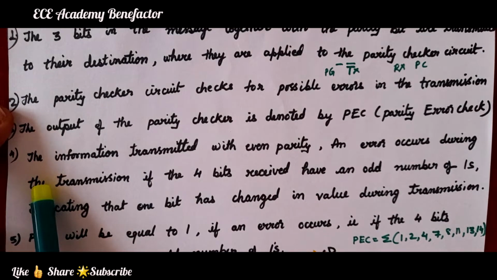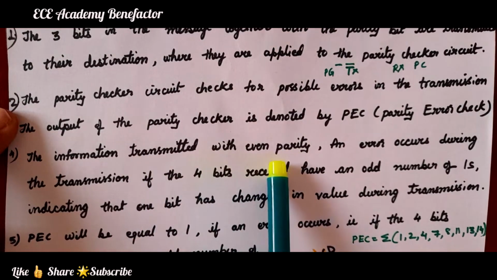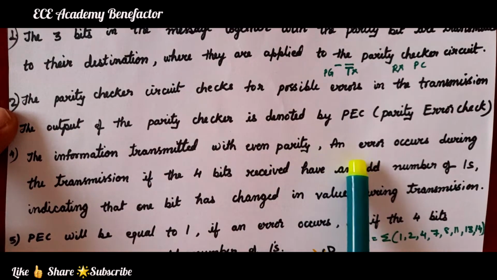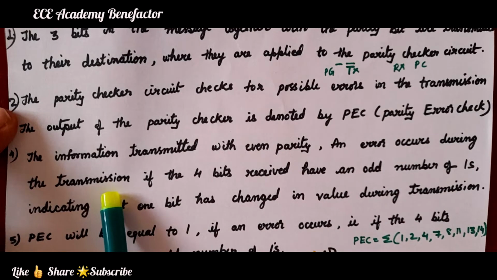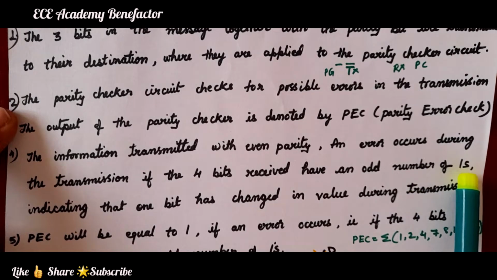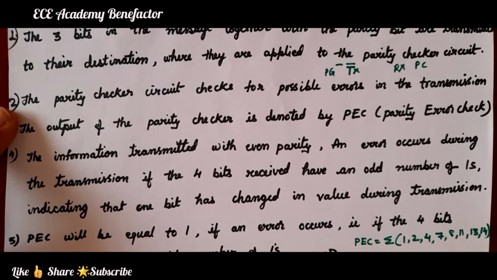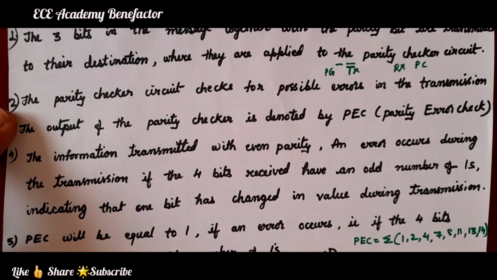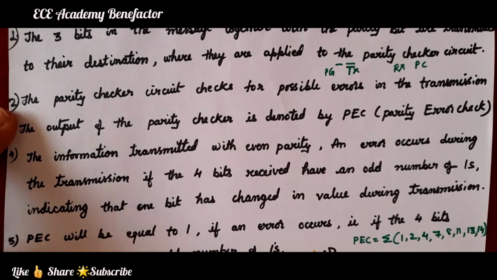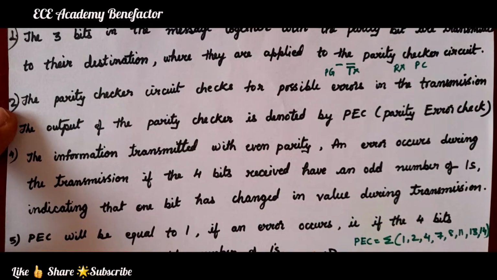Fourth point, the information transmitted with even parity. An error occurs during the transmission if the 4 bits received have an odd number of ones. Okay, the information is transmitted, at the transmission side they have sent an even parity, but at the receiver side if they are receiving an odd number of ones in the received information, it means an error has occurred, indicating that one bit has changed its value during transmission.